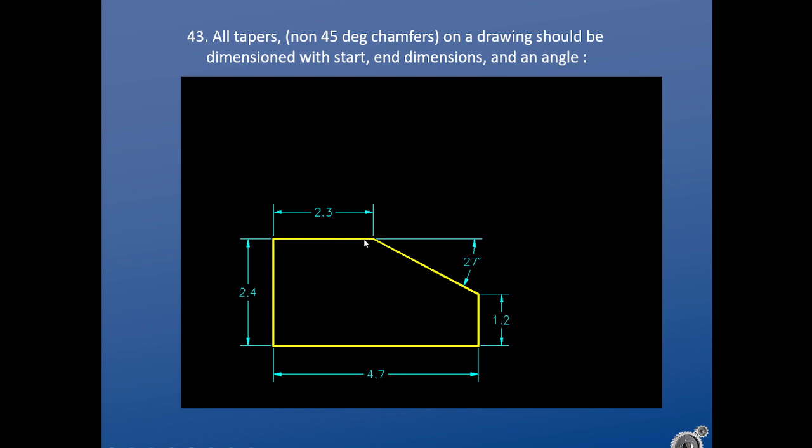Too many animations. I really need to redo this slide because this has some redundant dimensions on it. Non-45 degree tapers are typically dimensioned with a length and an angle rather than two lengths. So this one has length, angle, length. We really only need one or two out of three of these because the third one's just a consequence of the other two.